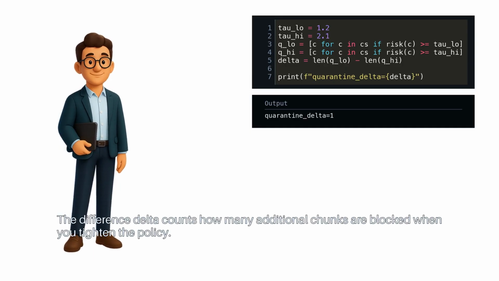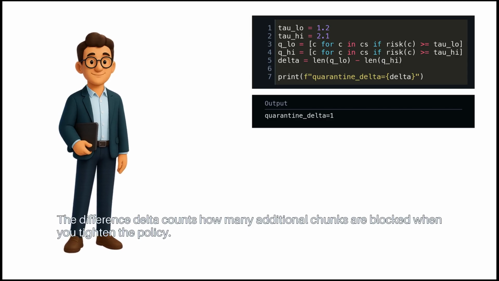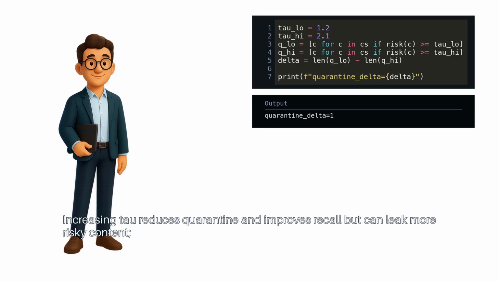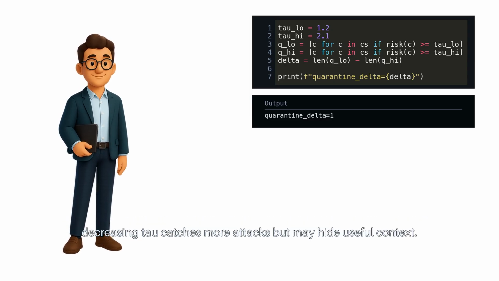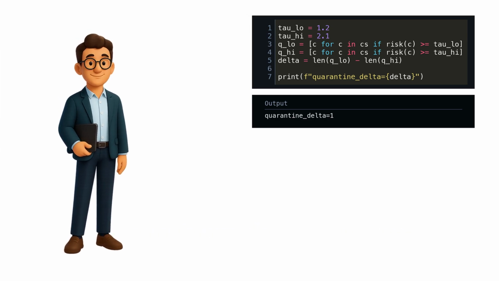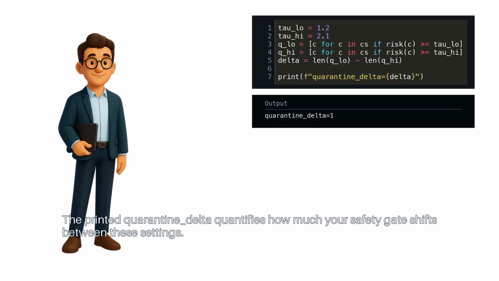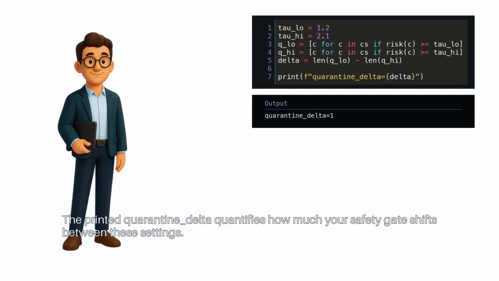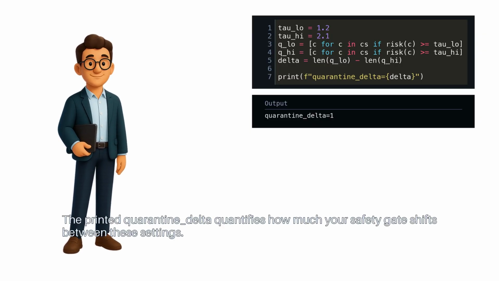The difference delta counts how many additional chunks are blocked when you tighten the policy. Increasing tau reduces quarantine and improves recall, but can leak more risky content. Decreasing tau catches more attacks, but may hide useful context. The printed quarantine delta quantifies how much your safety gate shifts between these settings.